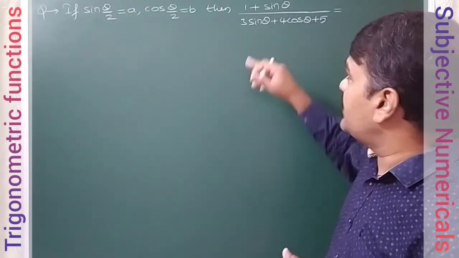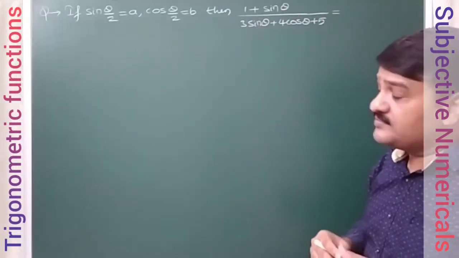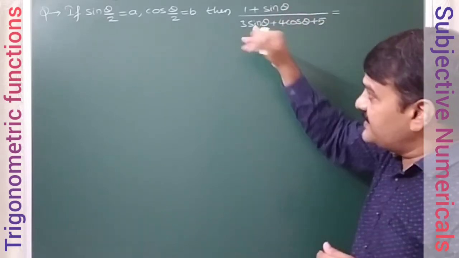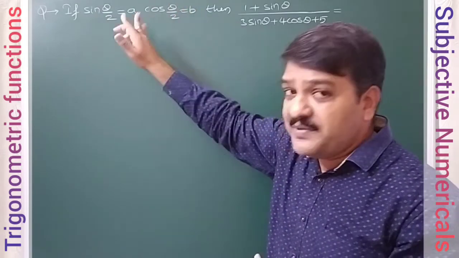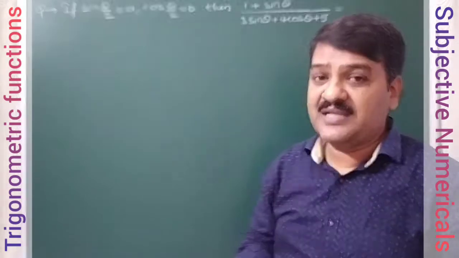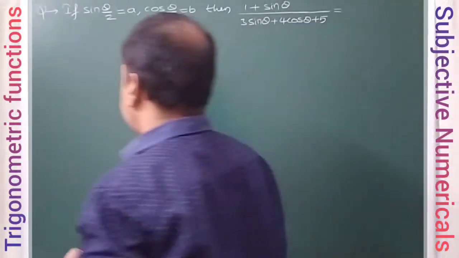And you can write this sin and cos in terms of tan, of course. So writing these sin and cos in terms of tan, and tan theta by 2 is equal to A by B we are getting. So if you use that in the equation while solving, automatically we will get the result of this.